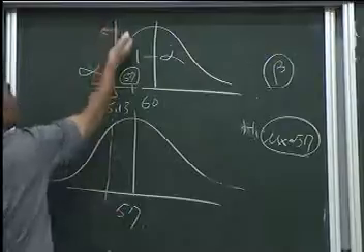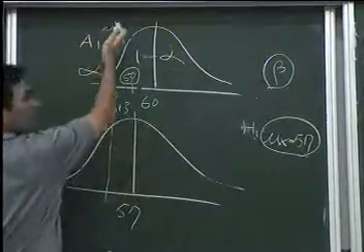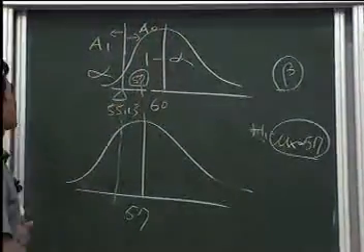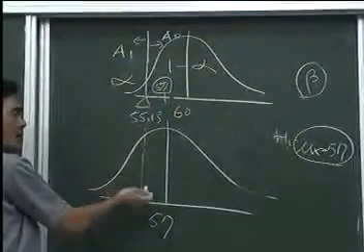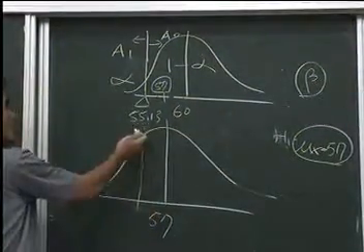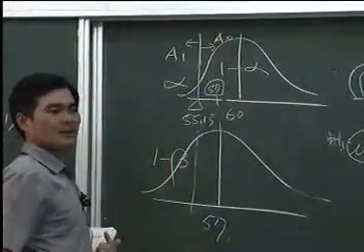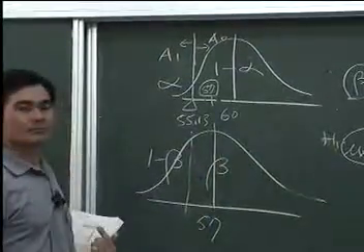If the value is below this, you take A1. If the value is above this, you take A0. So in this case, what is this value and beyond if H1 is true? If H1 is true, this one should be 1 minus beta, and this one should be beta.